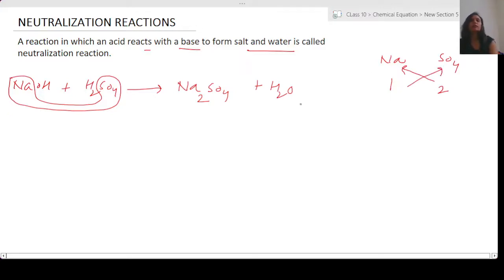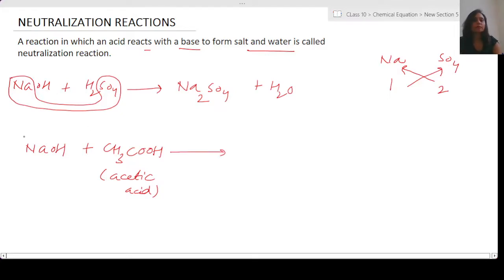Similarly, you can make a neutralization reaction using an organic acid like acetic acid, CH3COOH. This is acetic acid. It is a weak acid, you can say. So this is an acid, and you can combine it with a base like NaOH. What will happen here? Na will combine with CH3COO.